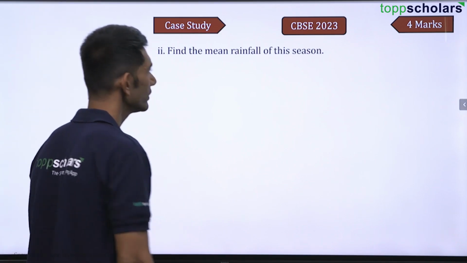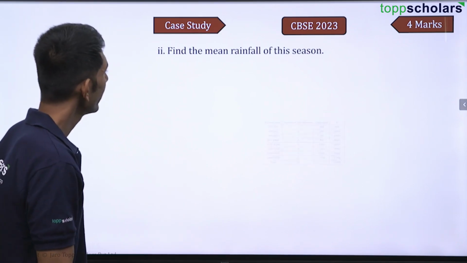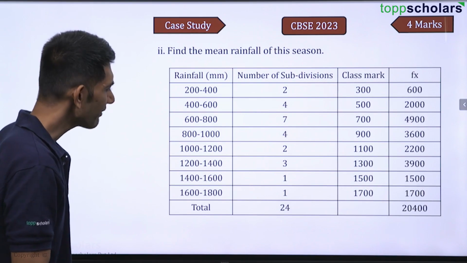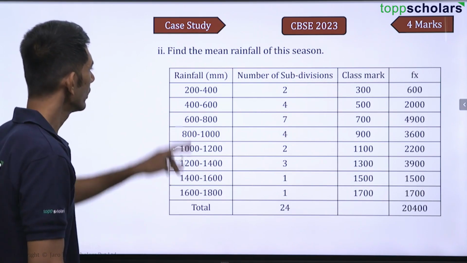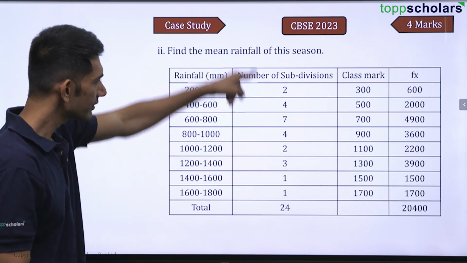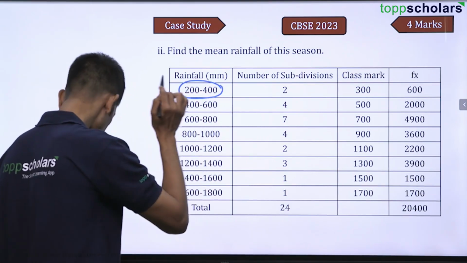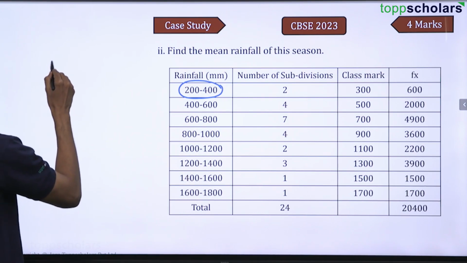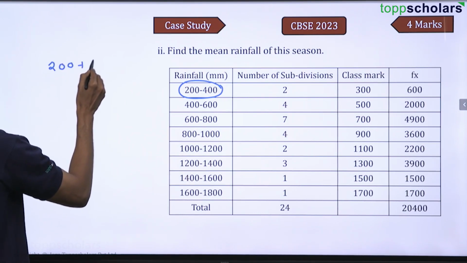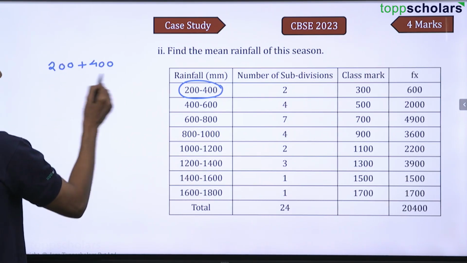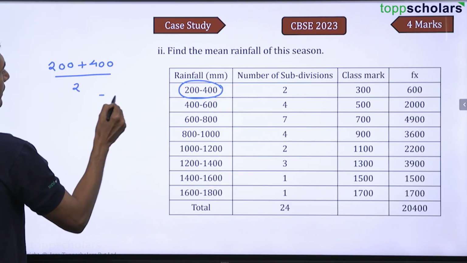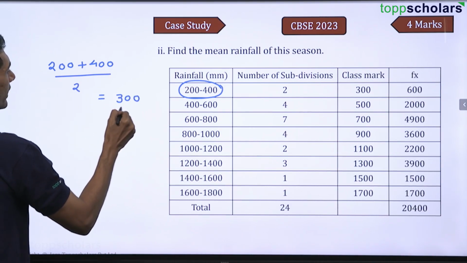Let's see a new question from this. They are saying find out the mean. Again, finding out the mean is easy because first column remains as it is, second column remains as it is. Now we need to take the class mark. I'll tell you the first one, how to find out the class mark. 200 plus 400 divided by 2, that is 600 divided by 2, and that gives you 300.